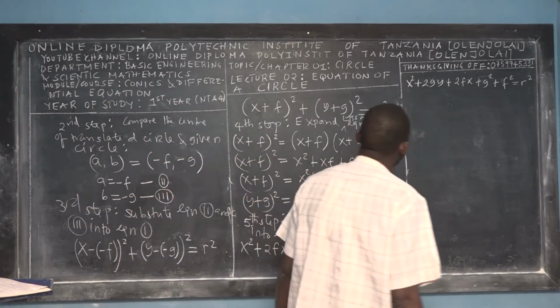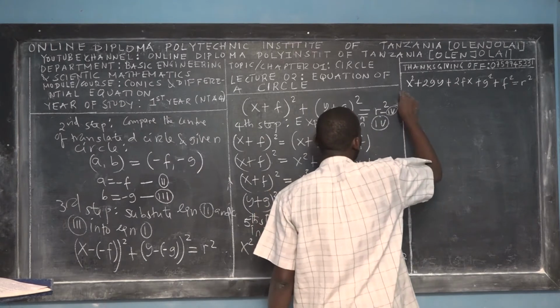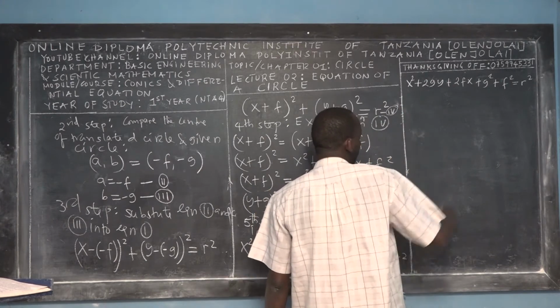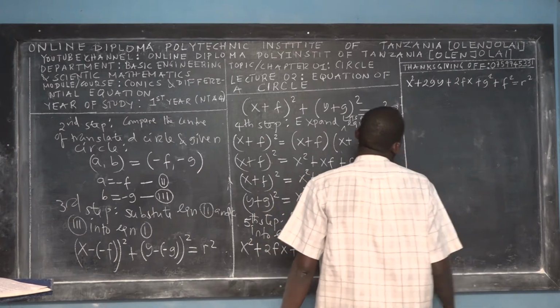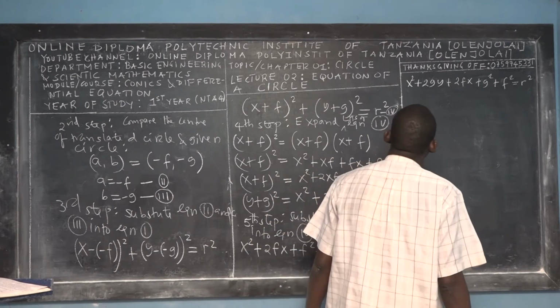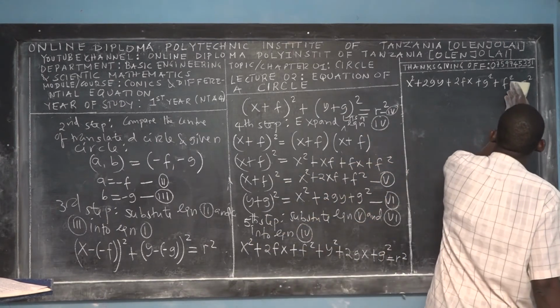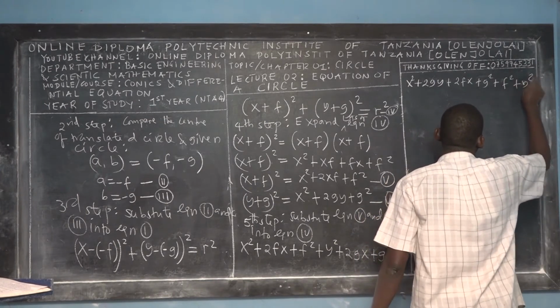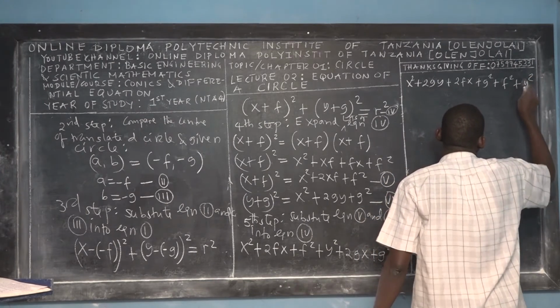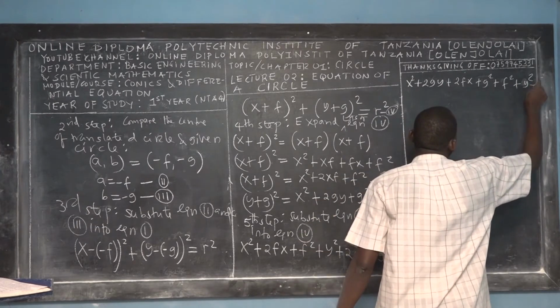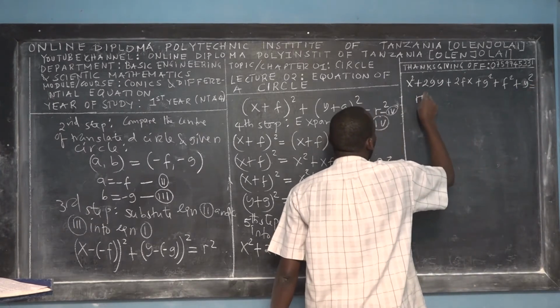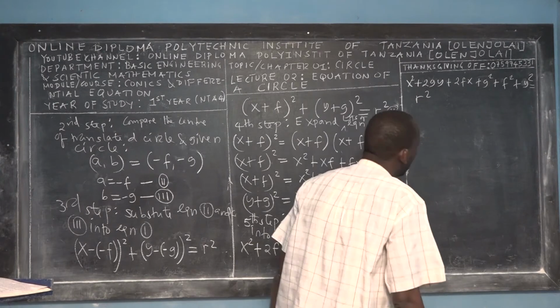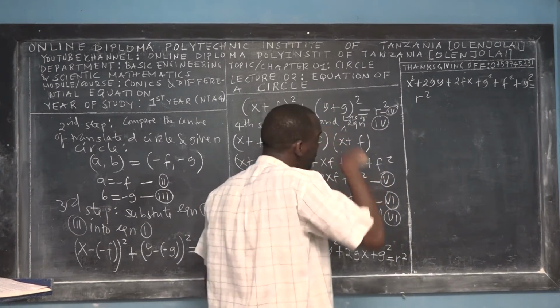So what should you do? We have to make sure that we remain, we have plus y again. I forgot that we have plus y squared, and this is equal to r squared. Right? That is good.